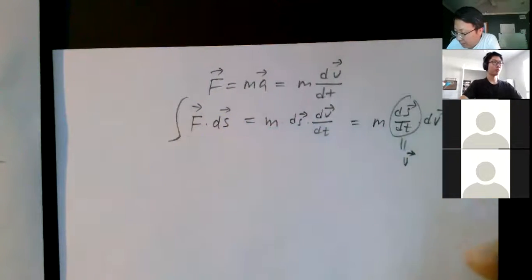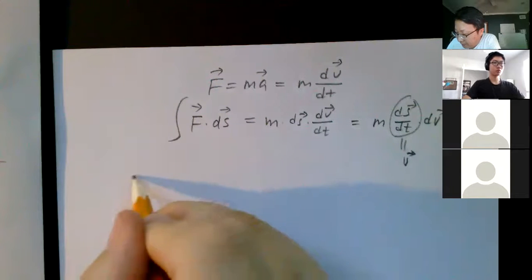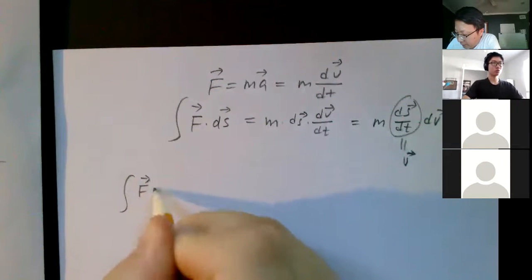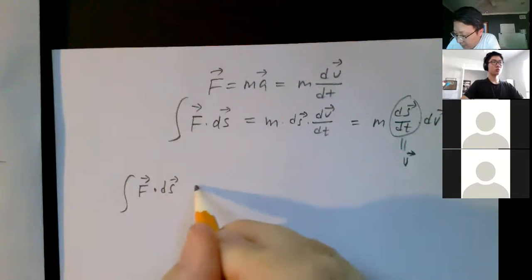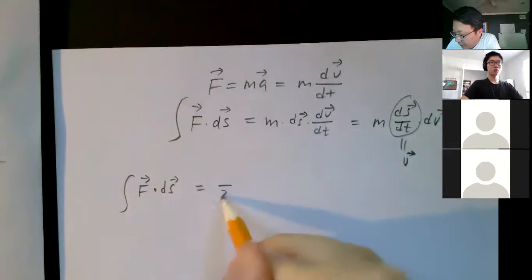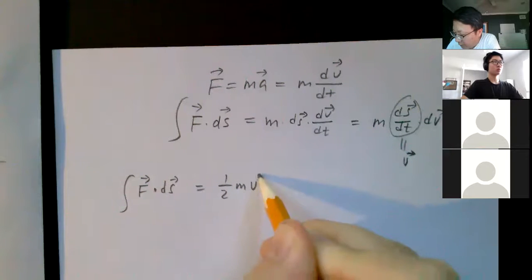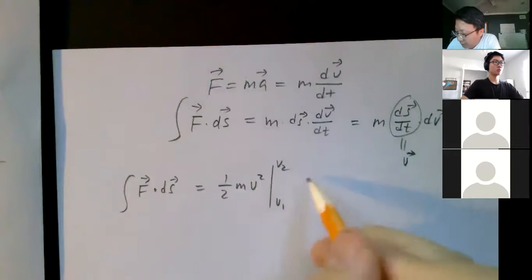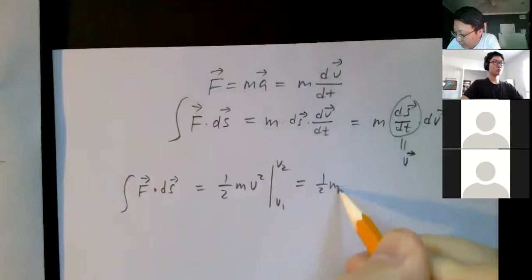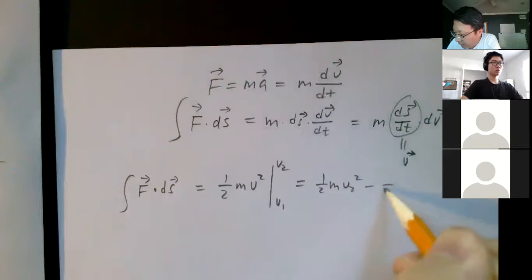then you integrate both sides. The left side becomes F dot ds, called a dot product. The right side becomes 1/2 mv squared from v1 to v2, so 1/2 m (v2 squared minus v1 squared).